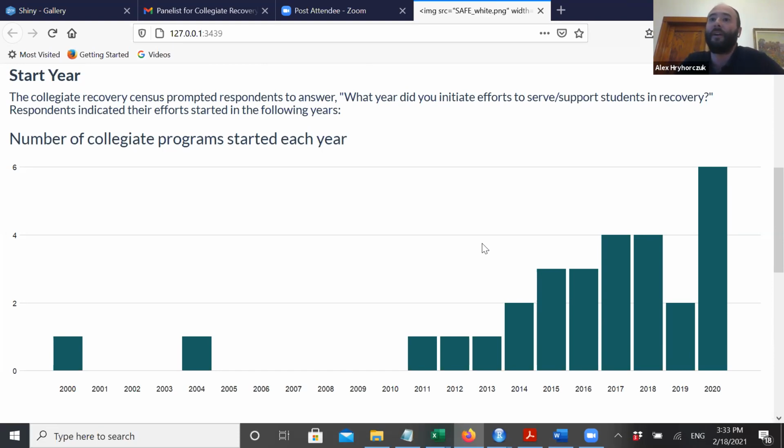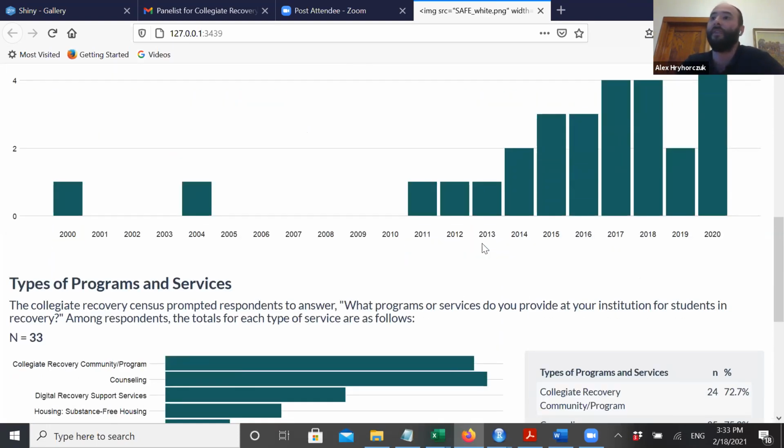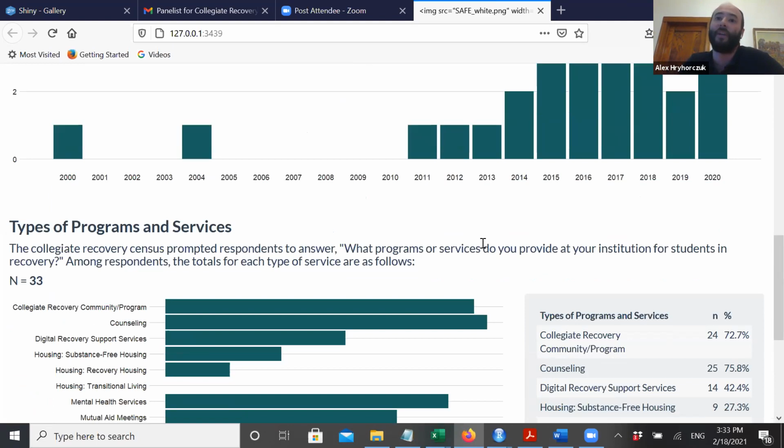I think you'll find that more people are in the boat of this being a very young initiative and people are just getting started. So hopefully this can be a place where they can benchmark against other schools and find a little bit of direction, because being such a young field, it's hard to know even where to begin.